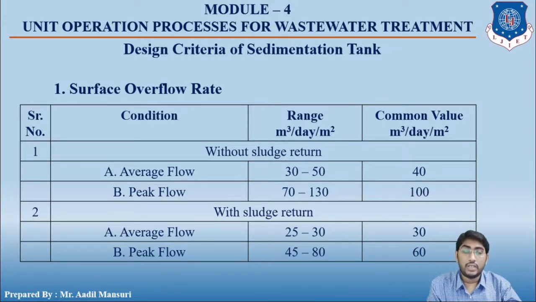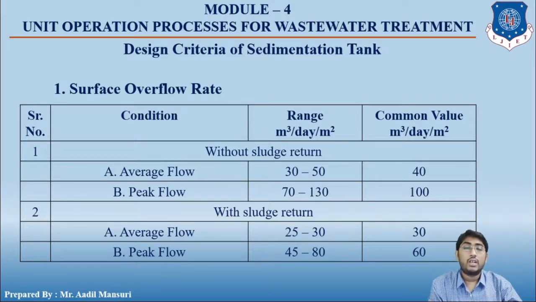The first one is for without sludge return, and there are two conditions, that is average flow and peak flow. For average flow the range of surface overflow rate is between 30 to 50 meter cube per day per meter square, and you can go for a common value of 40. For peak flow it is between 70 to 130, and the common value you can go for is 100.